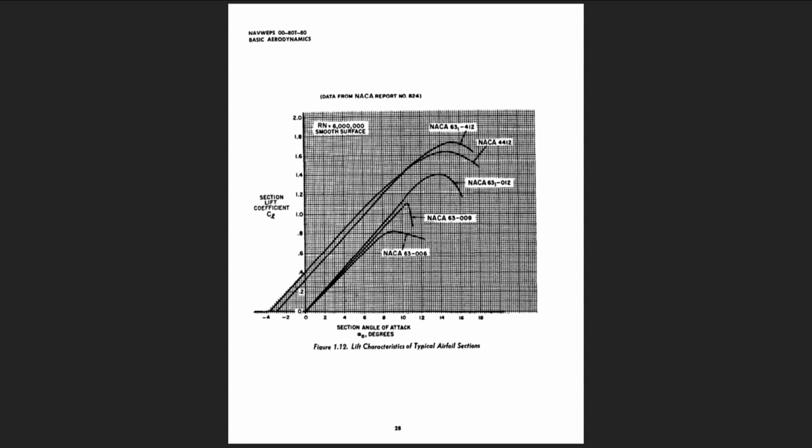One characteristic feature of all airfoil sections is that the slope of the various lift curves is essentially the same. At low lift coefficients, the section lift coefficient increases approximately 0.1 for each degree increase in angle of attack. For each of the airfoils shown, a 5-degree change in angle of attack would produce an approximate 0.5 change in lift coefficient.